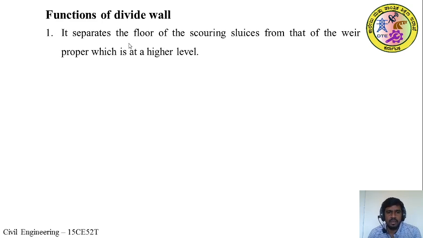So this divide wall, what will it do? It will separate the floor of the scouring sluice, the scouring sluice towards the canal head regulator, from the weir proper, that is at a higher level.